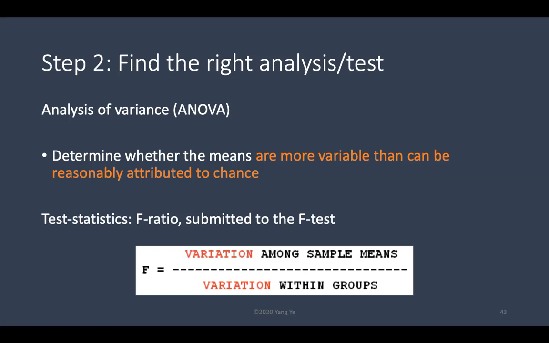It is basically comparing the variation among the sample means, which is the group means, to the variation within the groups. Any variation that happens within the groups is considered random. And the variation across the groups is the variation caused by the intervention, the variation caused by the independent variable, in other words. Okay? And this is the F ratio.